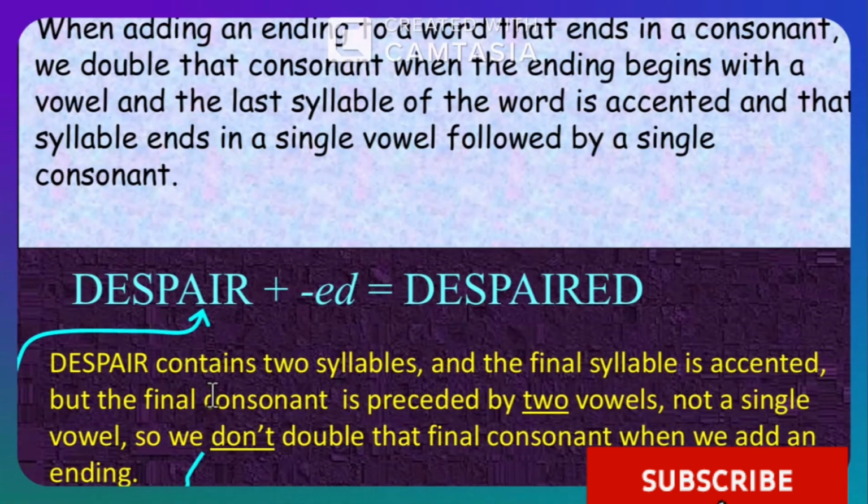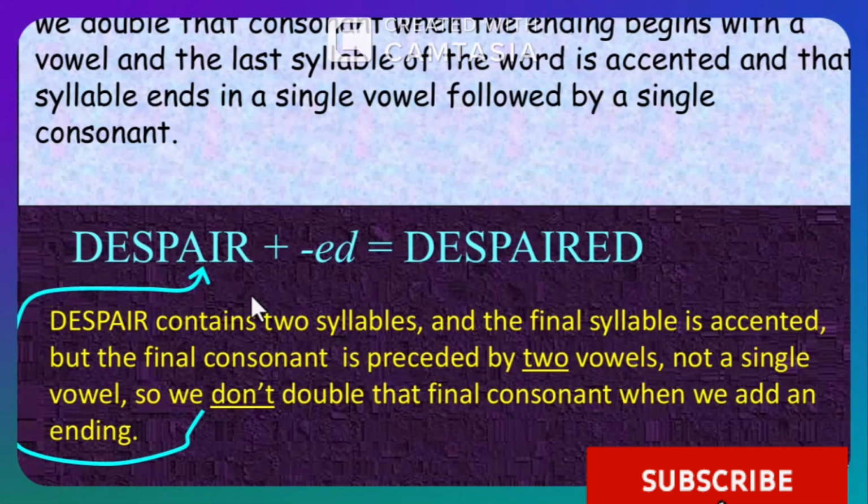Okay. When adding an ending to a word that ends in a consonant, we double that consonant when the ending begins with a vowel and the last syllable of the word is accented and that syllable ends in a single vowel followed by a single consonant.